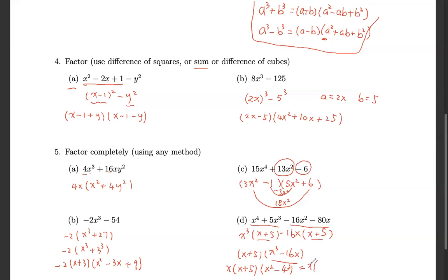So we keep writing x times x plus 5, those two factors. Then x squared minus 4 squared is x plus 4 times x minus 4. Right? So in total we have 4 factors. So this one factored into 4 factors.